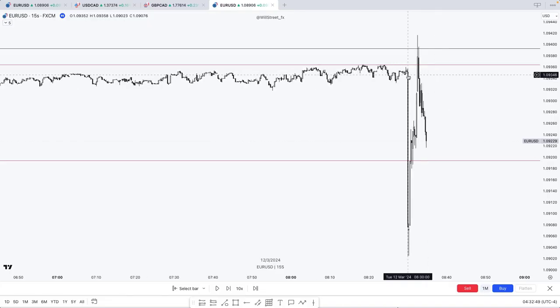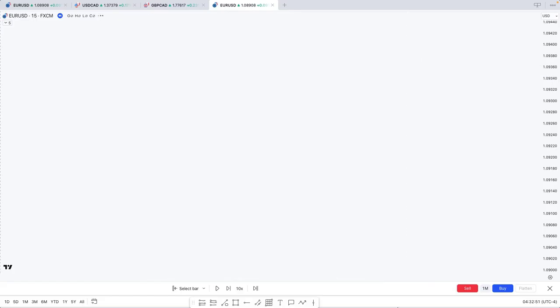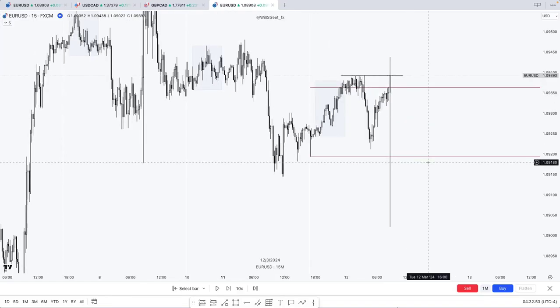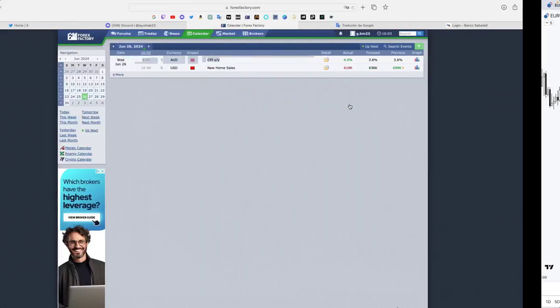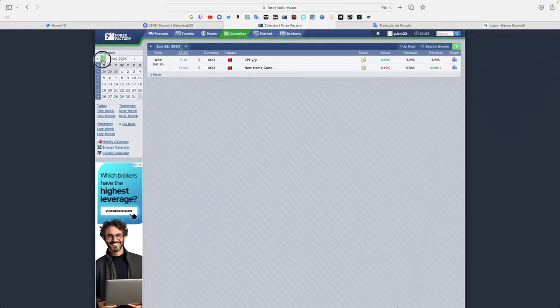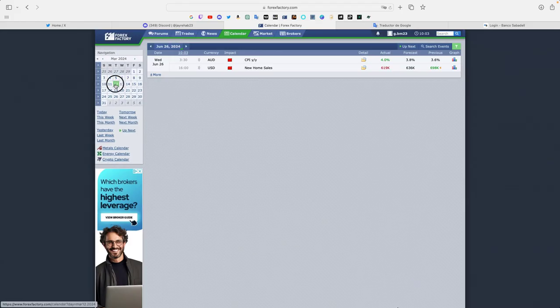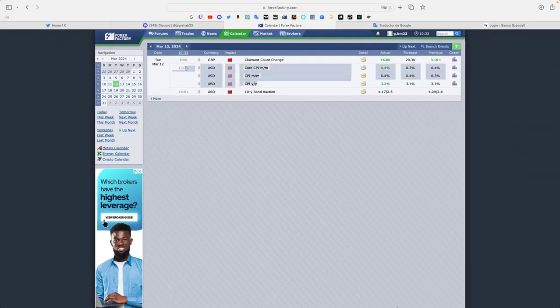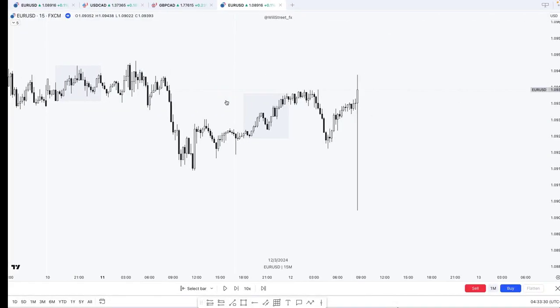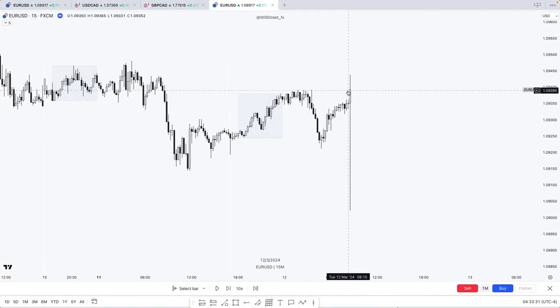We need to see what kind of news this was. It is a tricky one. The GDP, because I hate what happened on that news, or maybe CPI. Let's see, the 12th of March. Yeah, CPI. That was a tricky one.